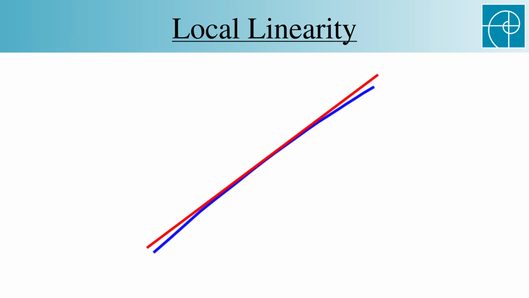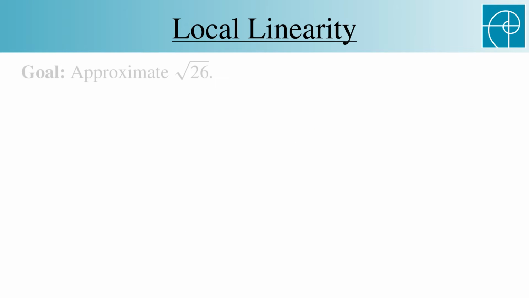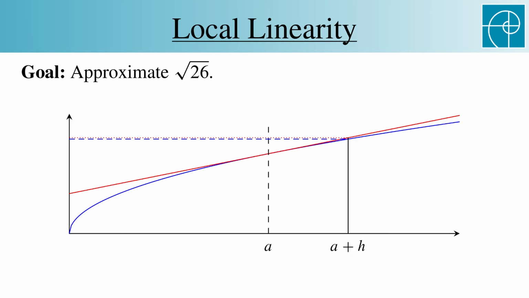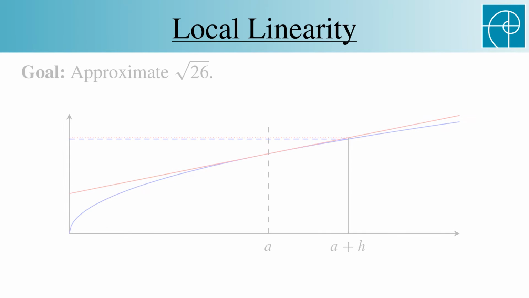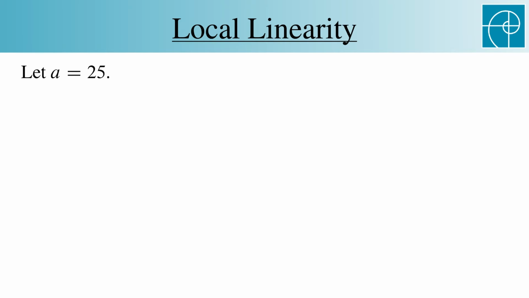Let's look first at a standard application of local linearity. Suppose that we want to estimate the square root of 26. We know that f of x equals the square root of x is differentiable on the interval from 0 to infinity, and thus we can approximate its values near any positive value of a by values of its tangent lines near a. Let's let a equal 25.